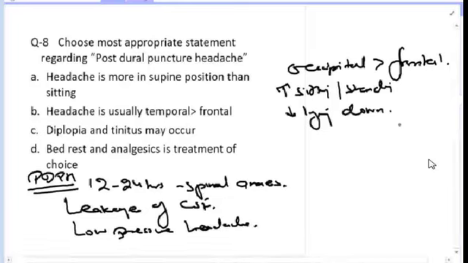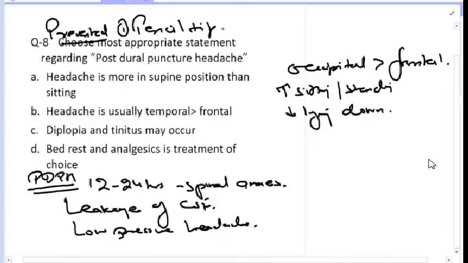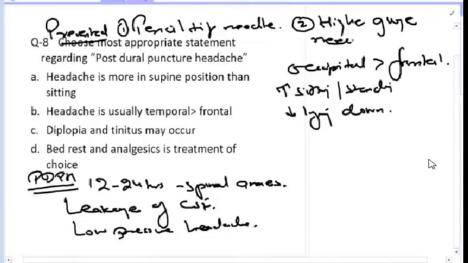Now, the headache can be prevented by using pencil tip needles, by using higher gauge needles.